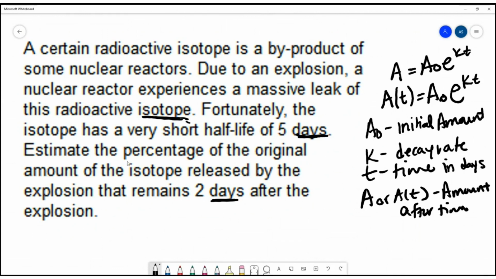So we want to estimate the percentage of the original amount that's remaining 2 days after the explosion. In order for us to figure that out, we have to know k, the decay rate. We can figure out the decay rate with just this piece of information.